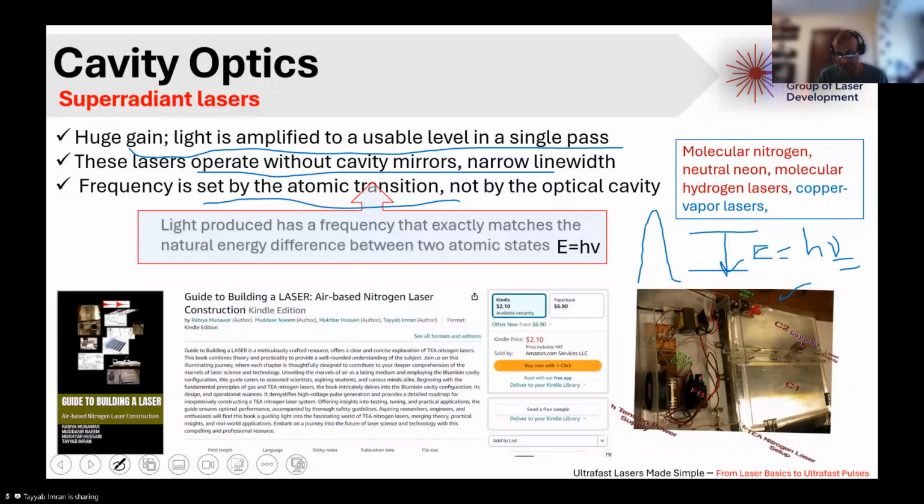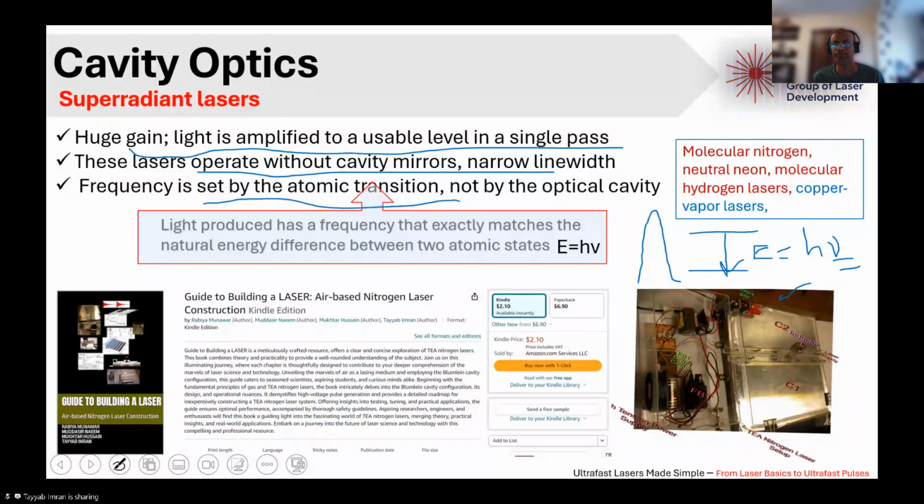The light produced has a frequency that exactly matches the natural energy difference between the two atomic states. One example of these is the nitrogen laser, also called the molecular nitrogen laser. The neutral neon laser also exists, the molecular hydrogen laser exists, and the copper vapor laser also exists.